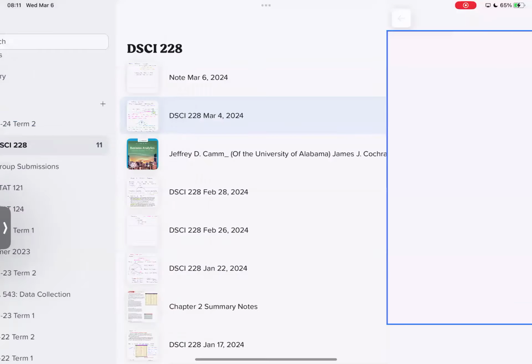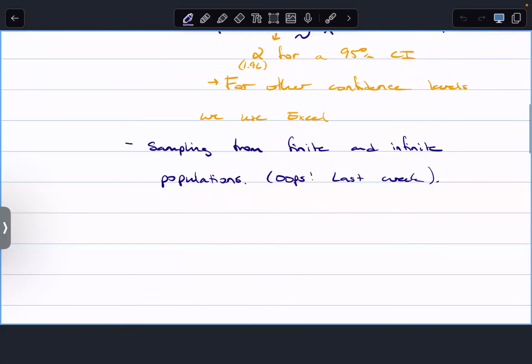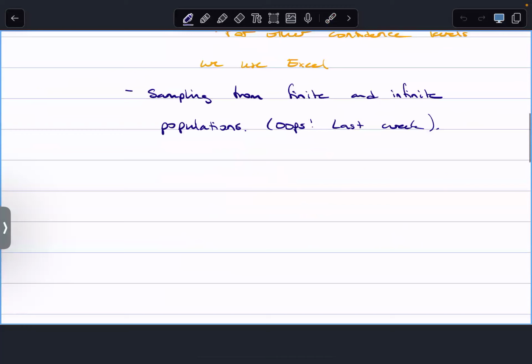And so today we're going to move into hypothesis testing, and we'll just introduce it. I'll say that's the end of the review. Hypothesis testing, which I'll abbreviate HT, because that's annoying to write.